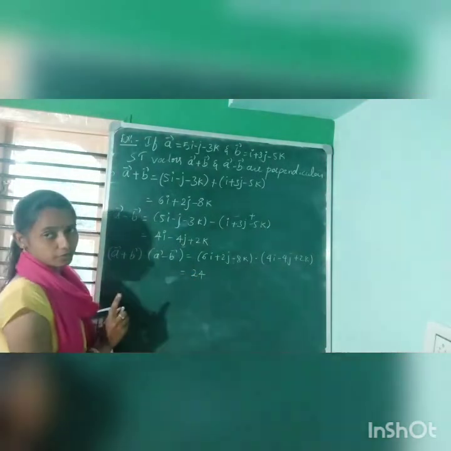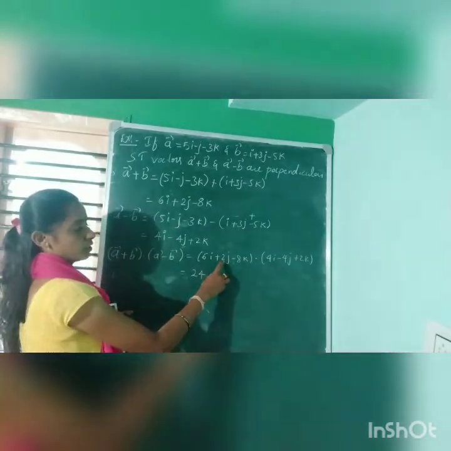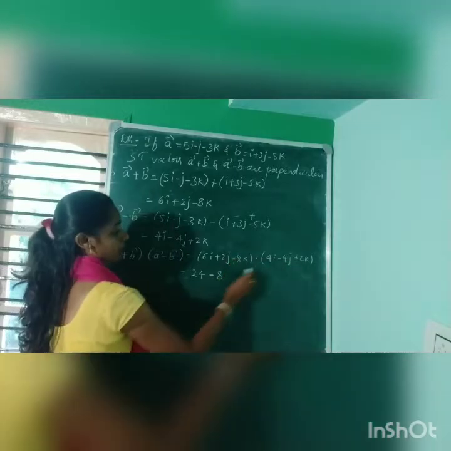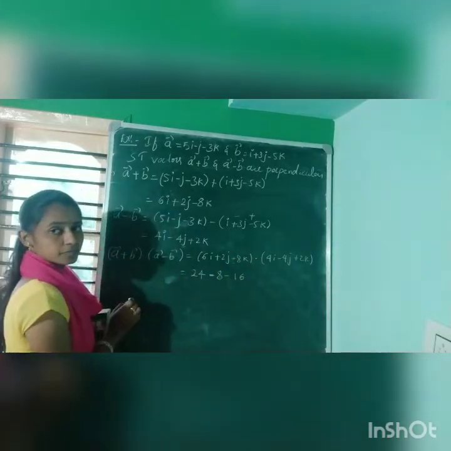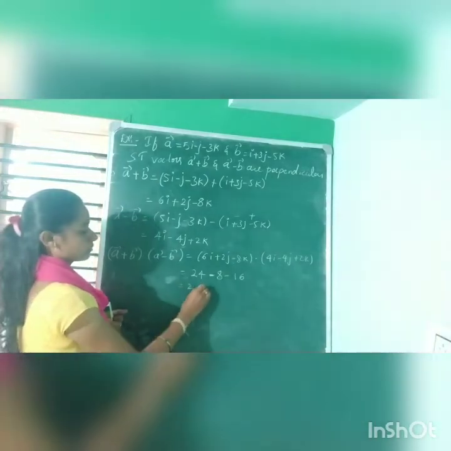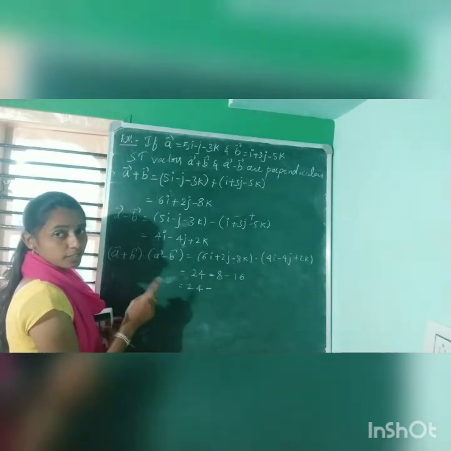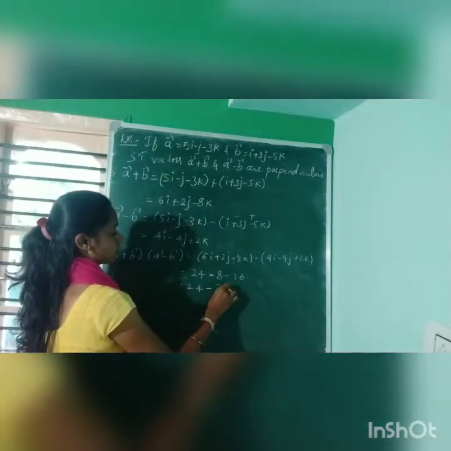24, i into i is 1. I will not write that. Then plus into minus, minus. 2 into 4 is 8. Then minus into plus, minus. 8 into 2 is 16. Now this is 24 minus 8 minus 16. Both are minus, add and write the answer with a negative sign. Again this is 24.